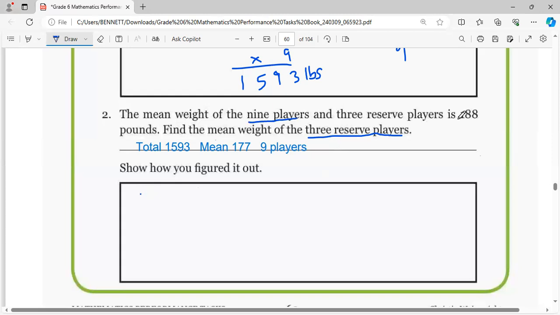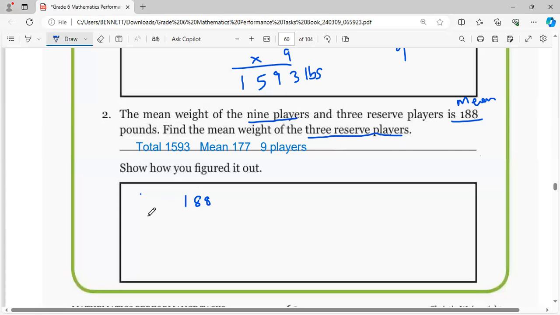This 188, how many players does this mean represent? 12. Yes. But many persons are thinking it's 9. It's 12 players. So if it's 12 players, the mean is 188. What does that mean?